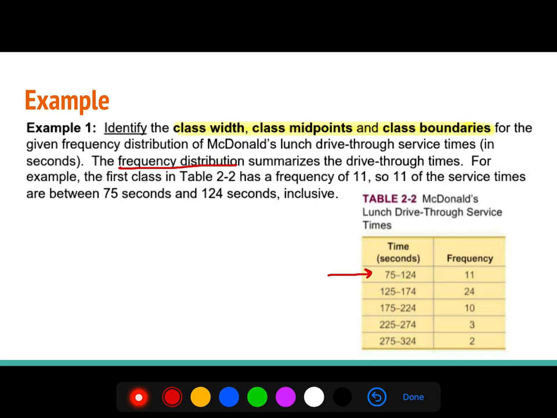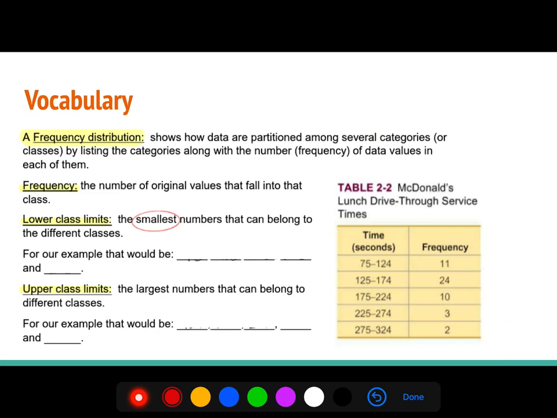We call those classes, and they're the time intervals, and then the frequency that it occurs over there. So if it took 75 to 124 seconds to get your order into your hand at McDonald's during lunch, that would have occurred 11 times. That's what they mean by the frequency.